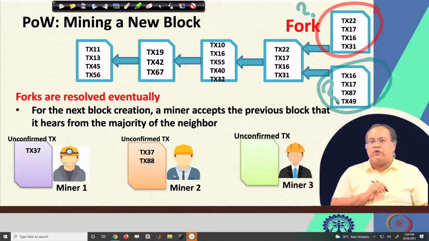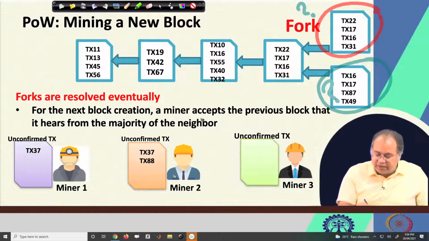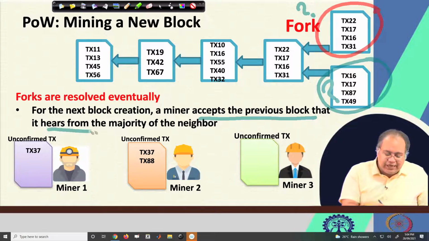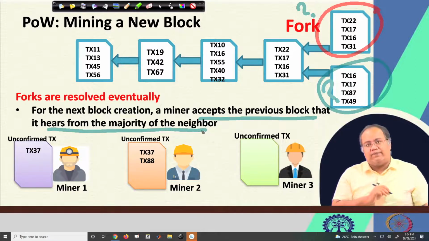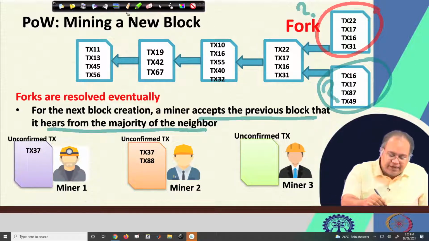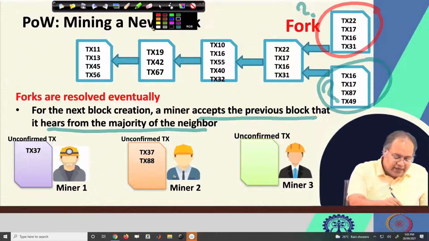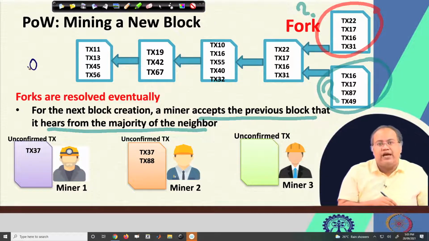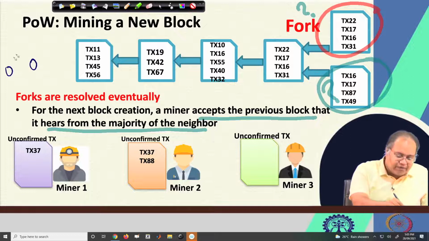That we want to find out. Now, what the miner does is that the miner accepts the previous block that it hears from the majority of the neighbors, or the majority of the peers. That basically means, say, whenever you have multiple different blocks that you are hearing, assume this is a node which is hearing from multiple different other peers.